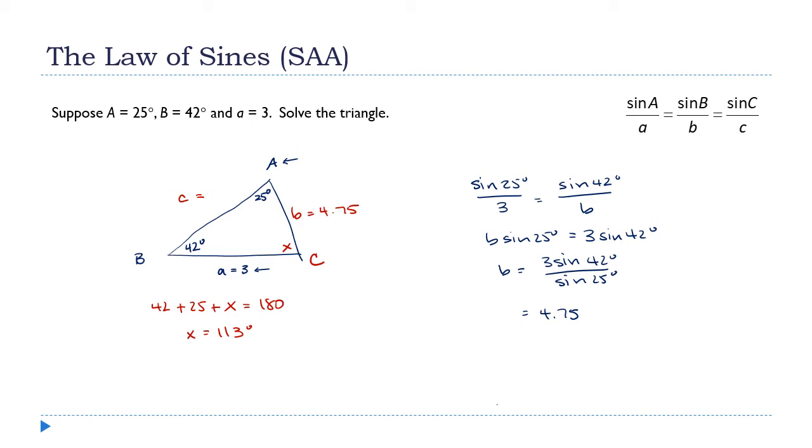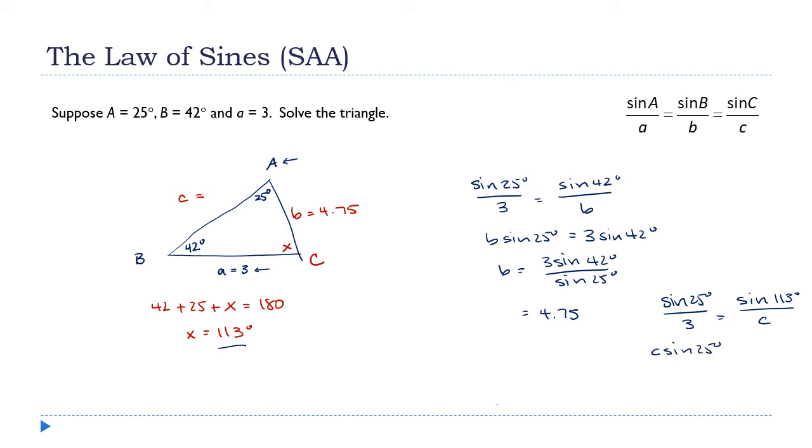Now I'm going to do the same thing over again to find side C. I'm going to do sine of 25 divided by 3 equals the sine of, see, I'm finding C, so this is the angle I calculated down here, sine of 113 divided by C. And again, we'll cross multiply.